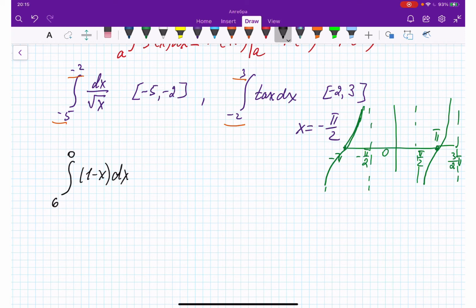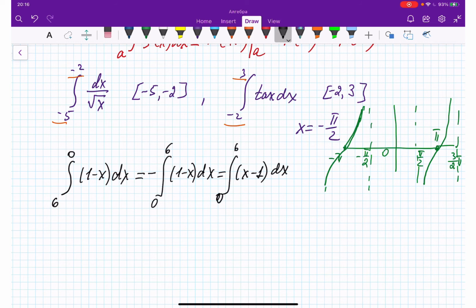In this case we are going to do the following. I put a negative sign in front of the integral and switch the boundaries, which means switch the limits. 0 comes here, 6 comes here: 1 minus x dx. And to get rid of this negative sign in front of the integral, I just put it inside, writing x minus 1 dx.